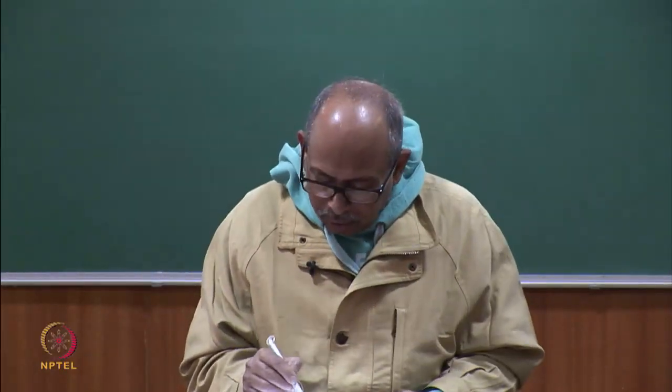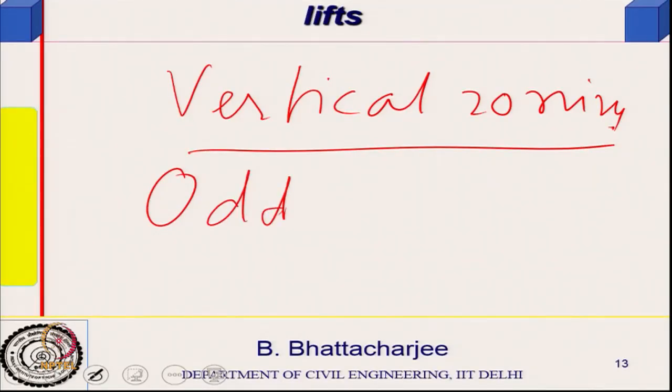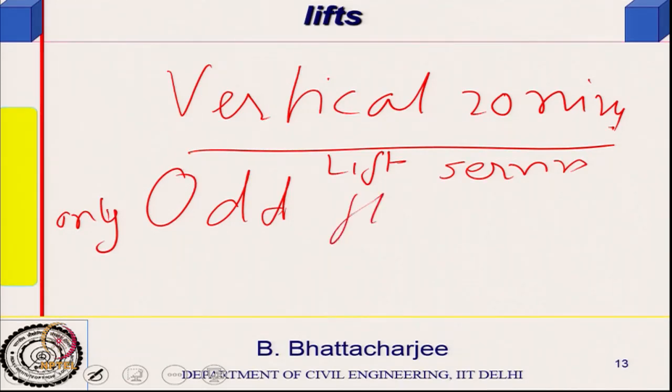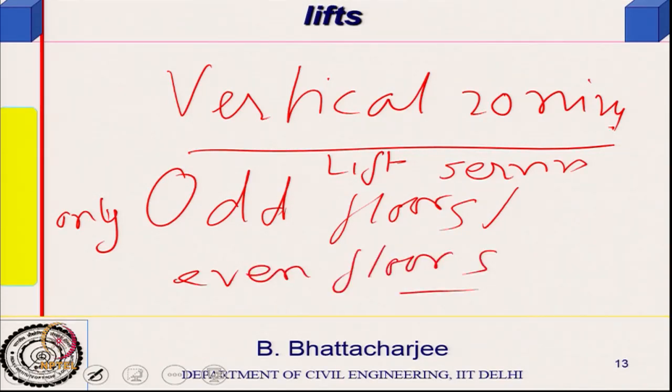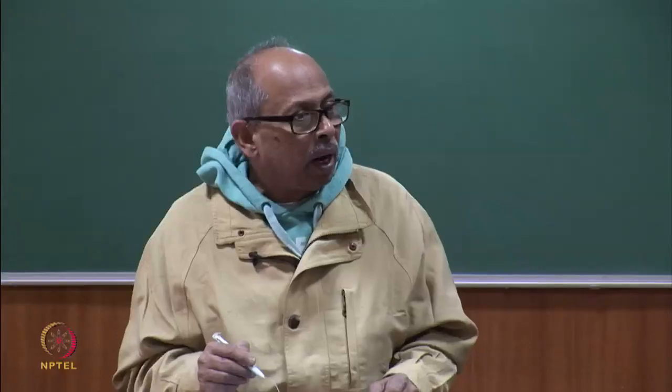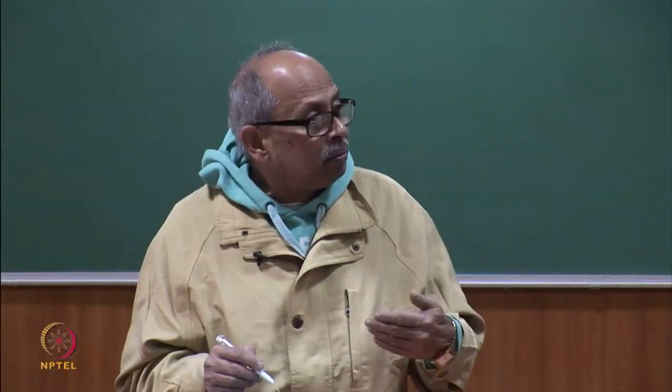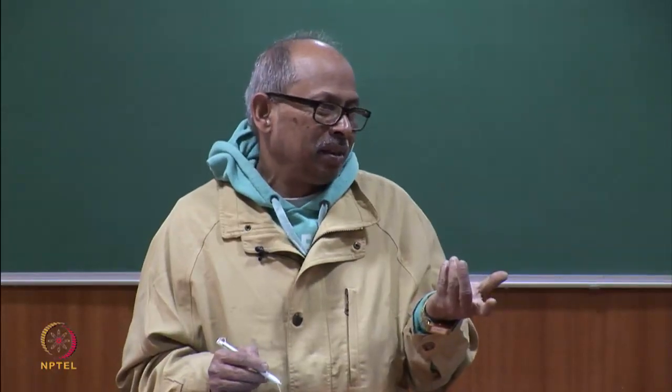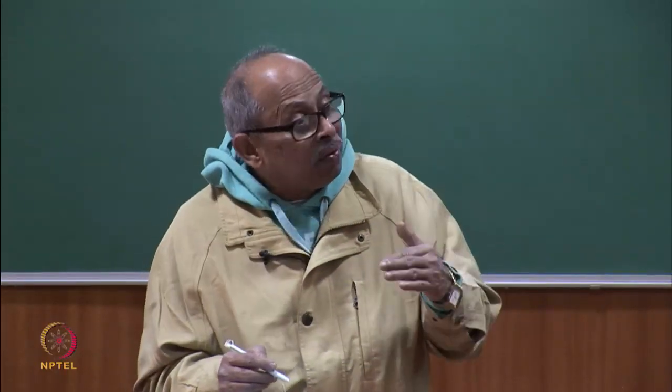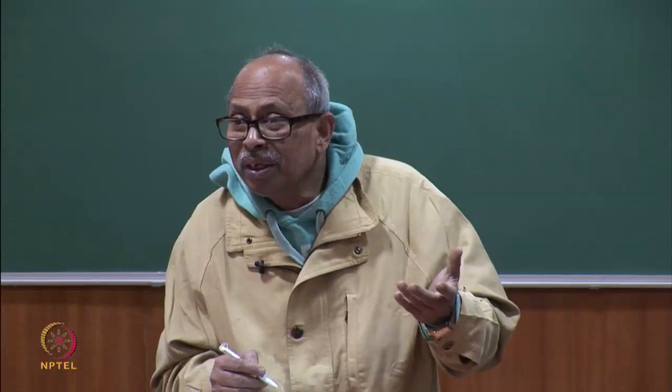Now, the lifts serve only odd floors or even floors. Now, what is happening then? Floor height is now twice, and the number of floors to be served is half.